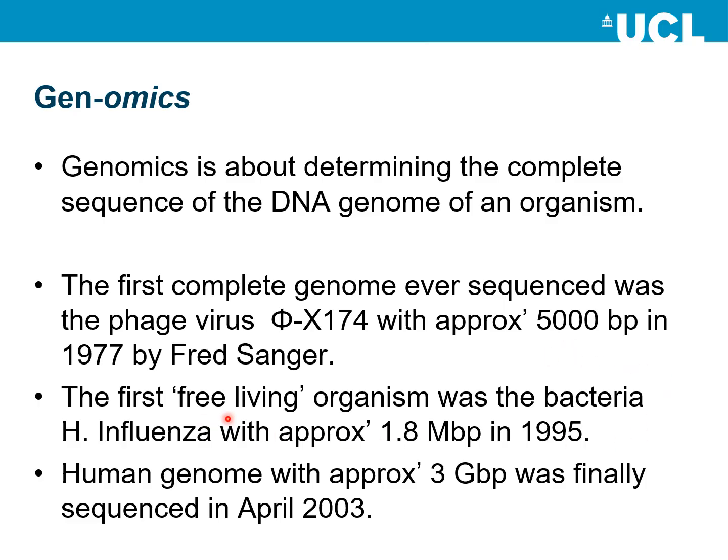The first free-living organism, not a virus, was sequenced in 1995, 1.8 megabase pairs, so quite a much larger organism, H. influenzae. And then finally the human genome sequence was produced in around April 2003, 3 billion base pairs. So sequencing has come on quite rapidly over the last 40 years.